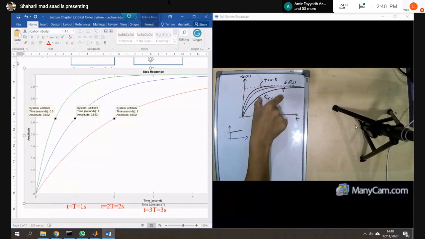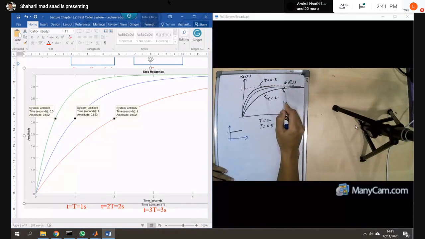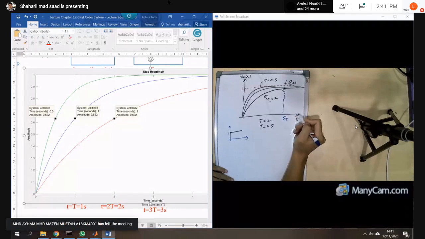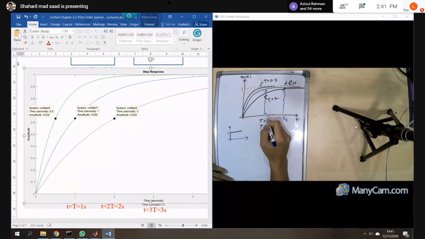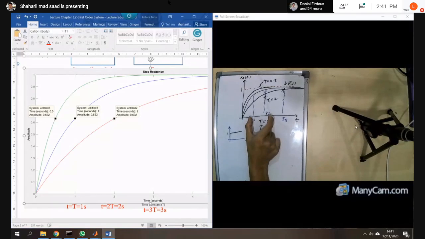How much time is needed? Maybe when T equals 2, it will take about 5 seconds, for example. For T equal to 1, maybe about 3 seconds. For T equal to 0.5, maybe about 1 second. Okay? Clear? When you change the time constant.